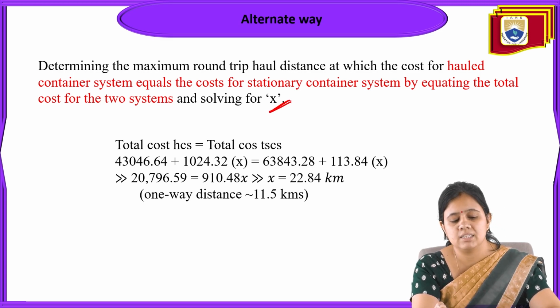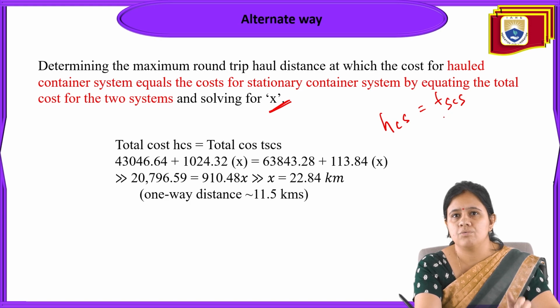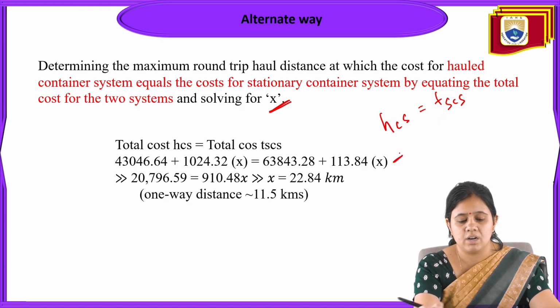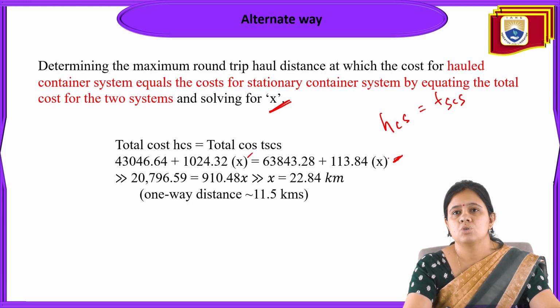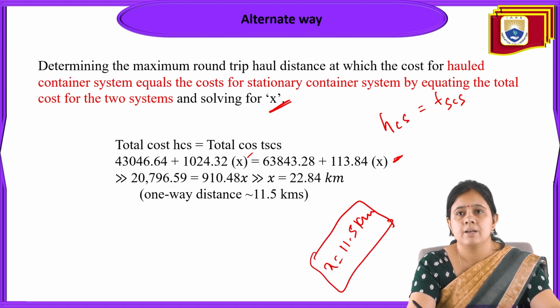So total cost HCS is equal to total cost TSCS. 43,000, this one will be the function for the stationary system, and this one for the haul container system. If we calculate x, we find that 11.5 kilometers is the best one-way distance. If you are going for one-way distance, then up to 11.5 kilometers will be effective.